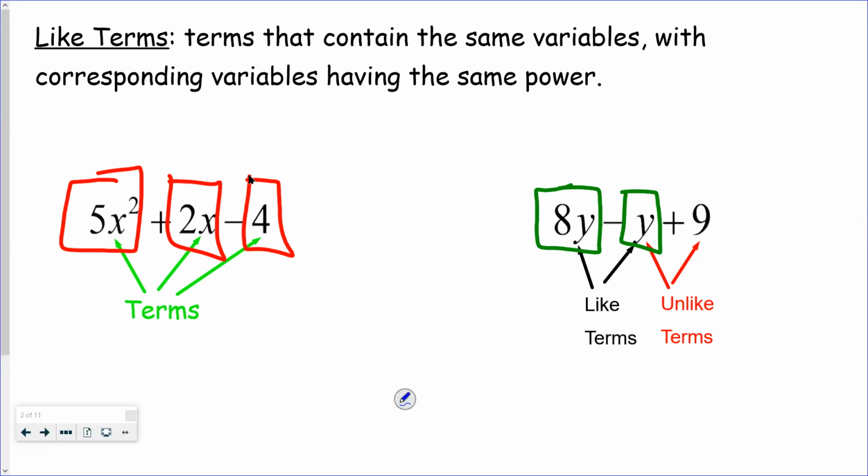So again, anything separated by an addition or subtraction is a term, but the key is understanding like terms. Like terms have the same variable raised to the same power. All right, so we're going to keep that in mind because you're going to hear me say combine like terms or evaluate the expression, and you'll hear me talk about, we want to take the terms and mush them together. Like terms mean similar terms, meaning if they're the same thing, we can combine them together.